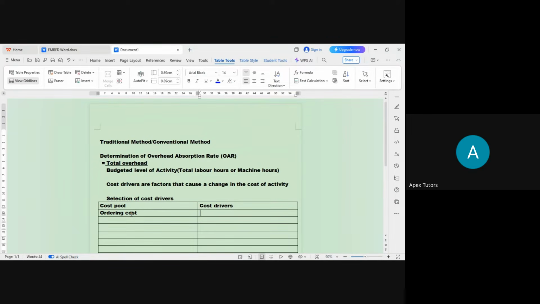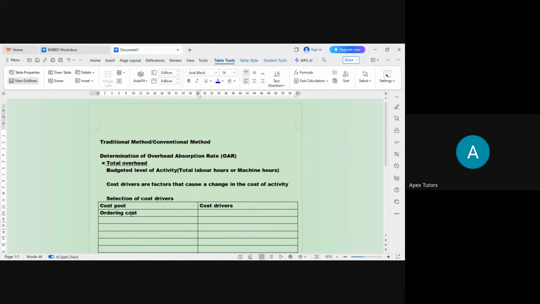Take note. So when you see a question, the number of orders determines the ordering cost. When you are asked to determine the cost driver rate, it is a function of the number of orders you have in relation to ordering.